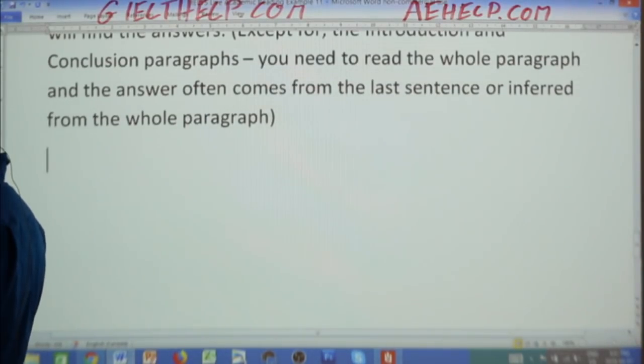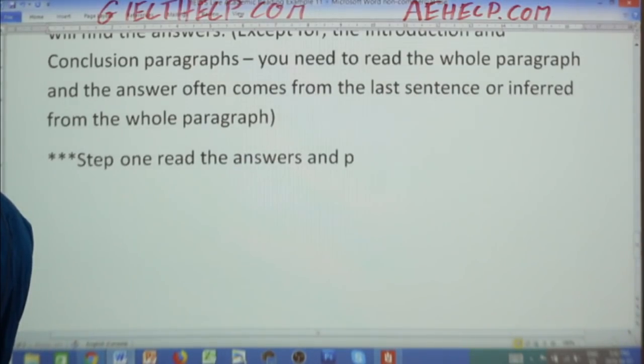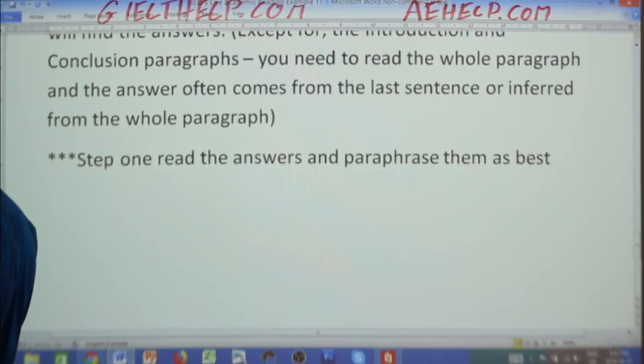And then the next thing that you need to do is read the answers and paraphrase them as best as you can. Doesn't have to be perfect. In your mind, okay?